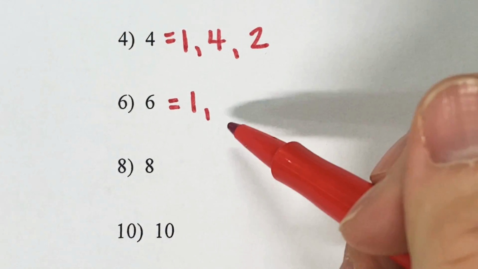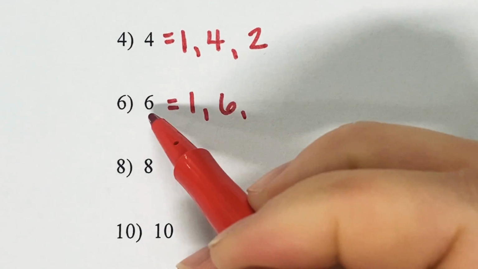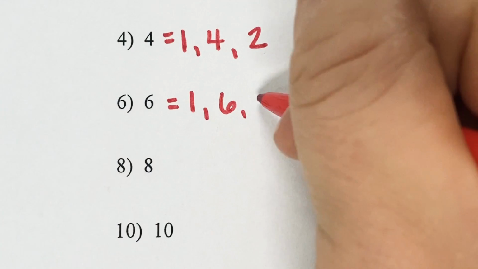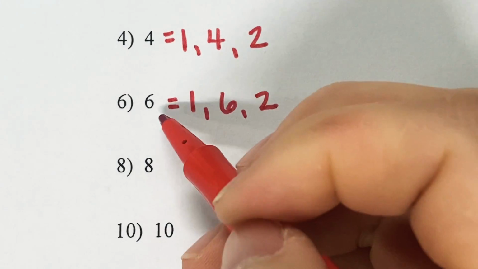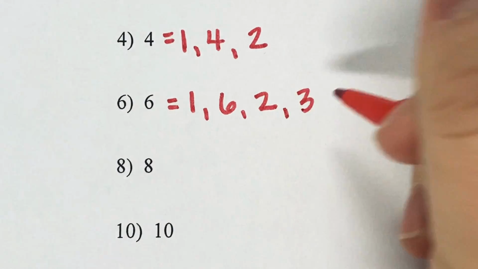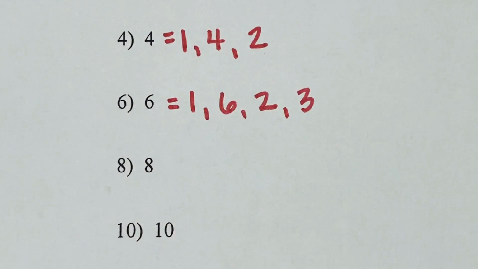Okay, 1 times what will give us 6? 6. Okay, I know I can multiply something by 2 to give me 6. What do I need to multiply by 2 to give me 6? 2 times 3. Okay, and then 3 is also a factor, so we know we're kind of going backwards now. So we got all of our factors.